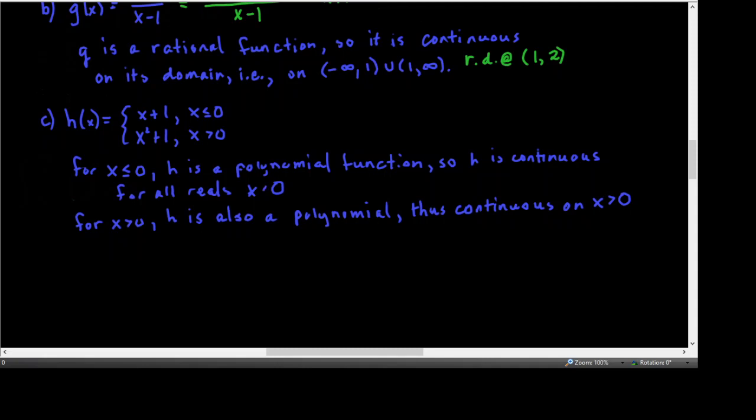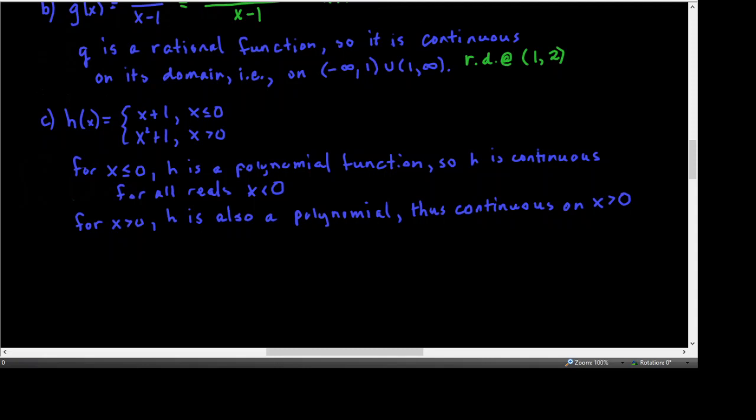So I can only claim that what I said above is true for x less than 0. The transition point 0 itself has to be tested individually. So anytime there's a transition from one part of the function to another, you have to test the transition. We can say otherwise it's continuous everywhere, except for maybe 0.